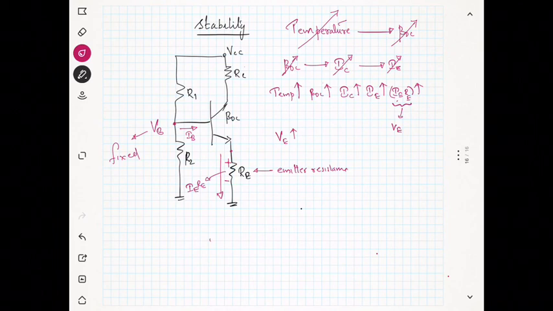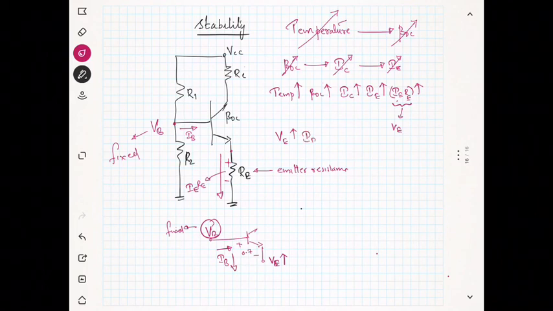You can see like this. You have a fixed VB and you have a transistor like this. This is 0.7 and this is VE. As the voltage VE increases and the VB is not changing, this is fixed, the current IB will now try to reduce, which will result in reduction in IC.